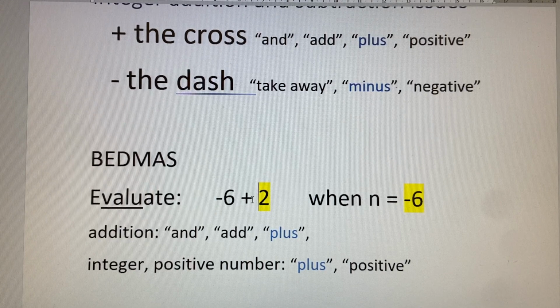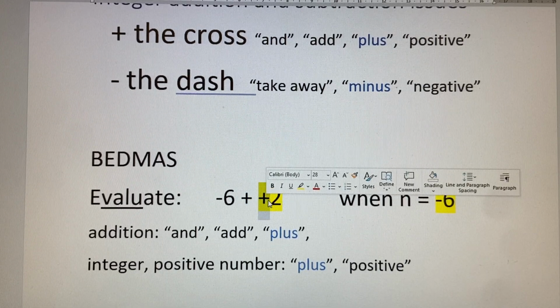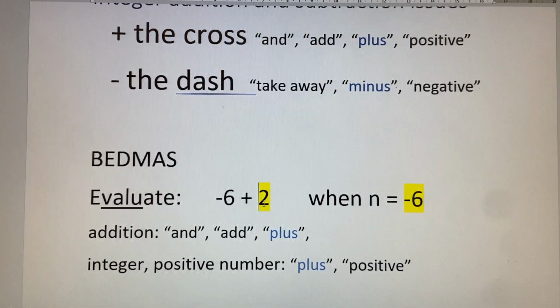The -6 and the +2 need to be combined without any disregard to the language that might be causing this confusion, that the additive sense is not the same as the integer sense of this cross sign. So this one equals -4. It doesn't matter how it's printed.